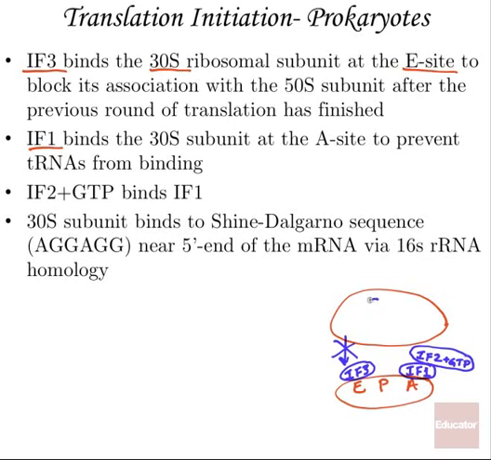Okay, let's draw that. So this is the 50S. This is the 30S. Our 30S subunit will then associate with the mRNA. And it'll do that by binding to what's called the Shine-Dalgarno sequence, which has a consensus sequence of AGG, AGG. And it's near the 5' end of the mRNA. And so the mRNA, let's draw it in purple.